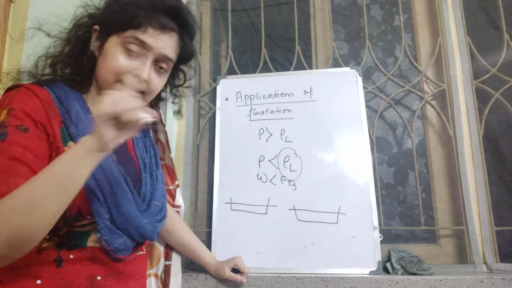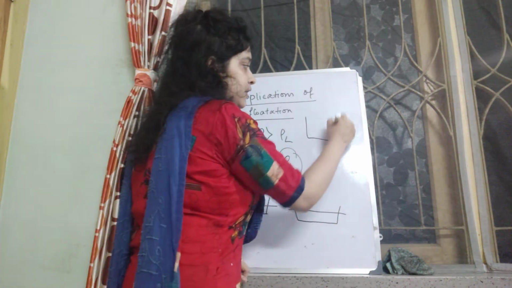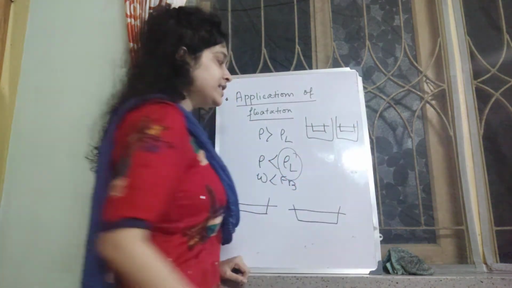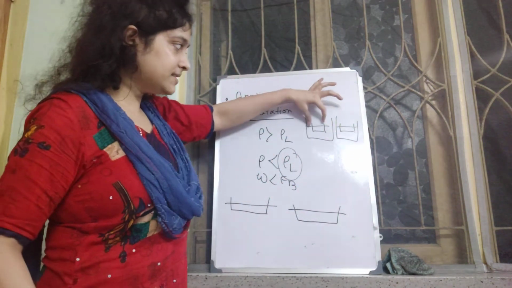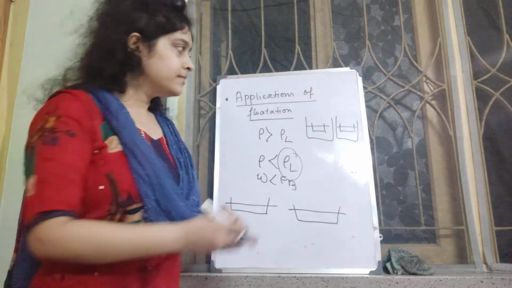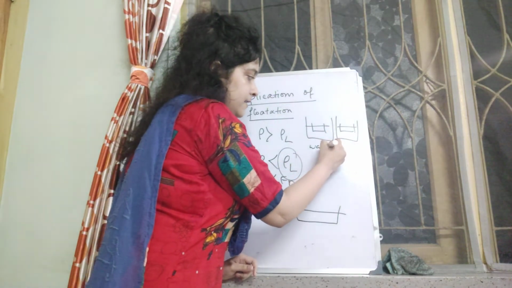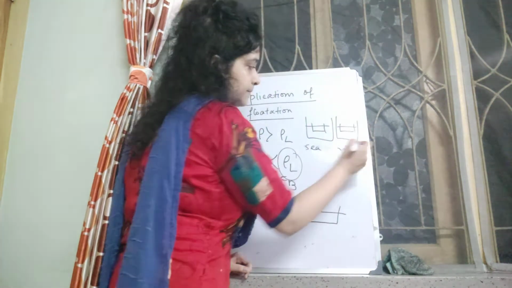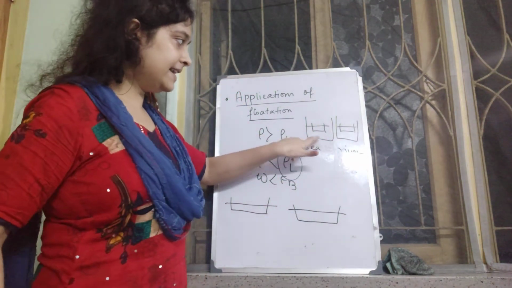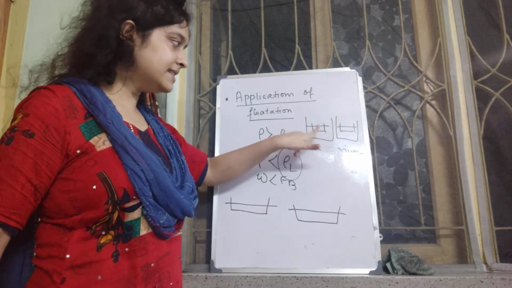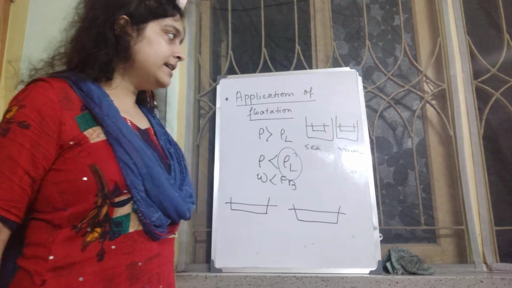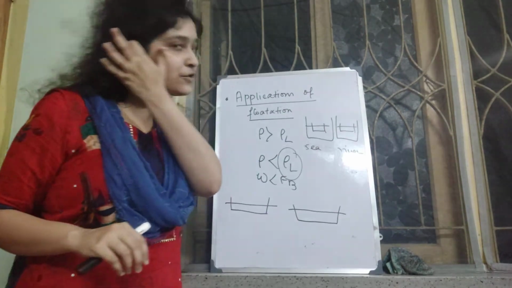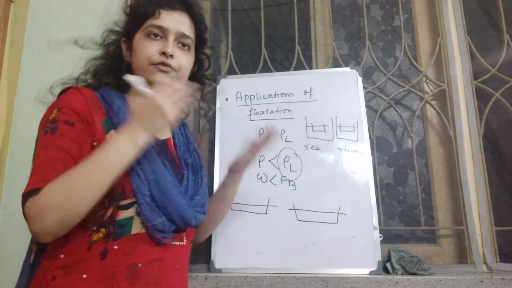Do you remember that example? You have two different liquids. In which case will the body submerge more? Say you have seawater and you have river water. Here the density is more, which means the upthrust is more. Upthrust is V rho g.